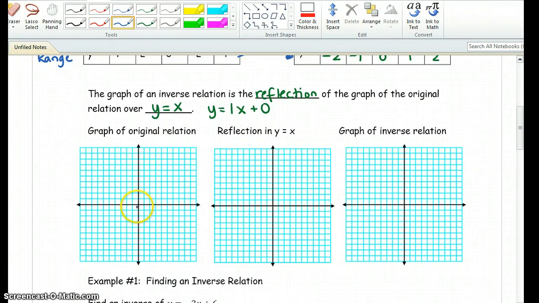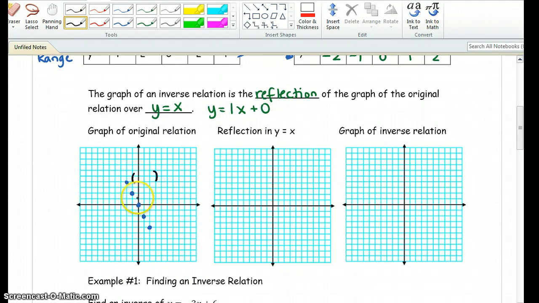Let's plot the points (-2, 4), (-1, 2), (0, 0), (1, -2), and (2, -4). What we want to do is graph the inverse of this relation. I'm going to write these numbers so you can visually see it.